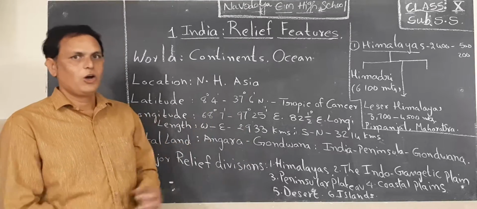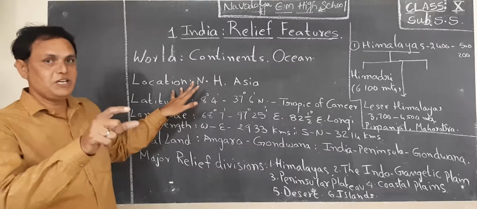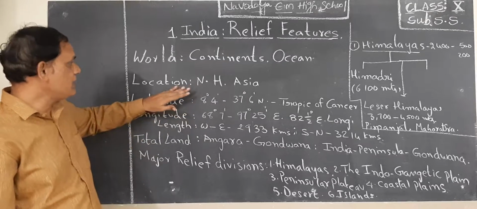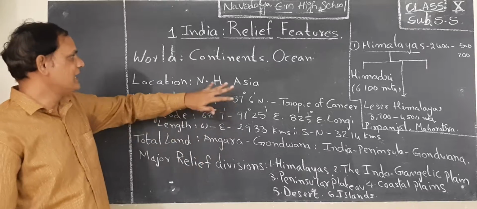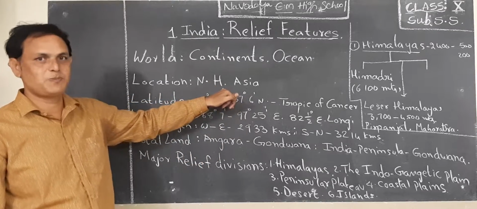So these are the oceans. Next one, location. So where is our India? Our India's location is in the globe's northern hemisphere.